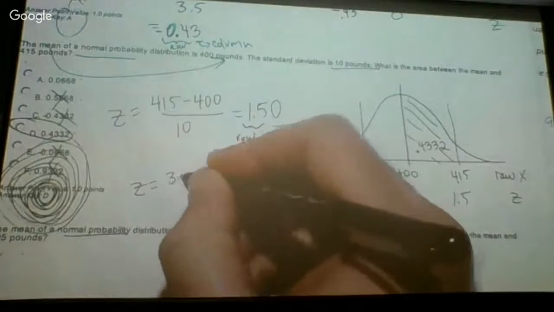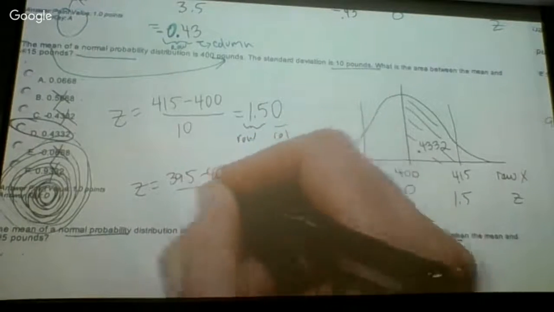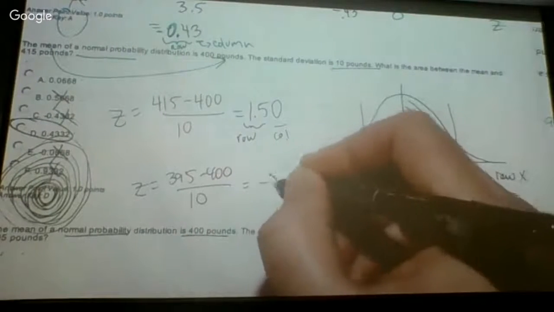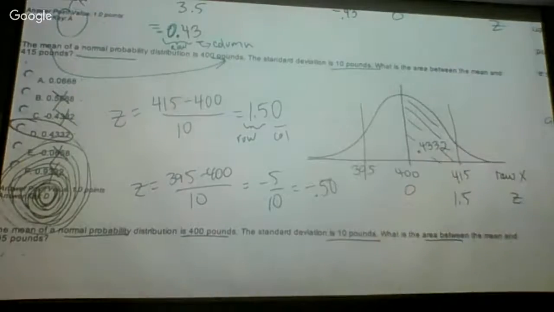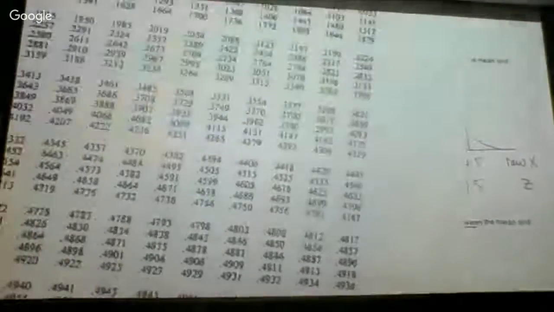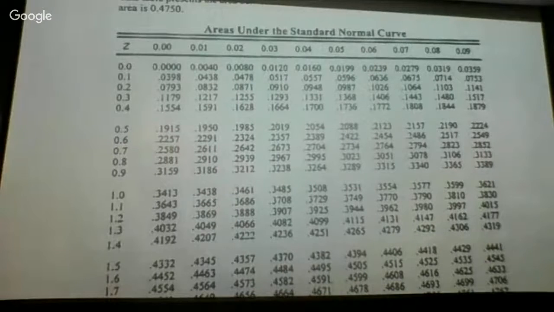Z equals 395 minus 400 divided by 10. That's negative 5/10. I have a z-score. I convert it to an area using the table, but my table doesn't have negative values on it. I give up. Math is hard. But what property of the normal distribution allows me to use negative z-score, Drew?